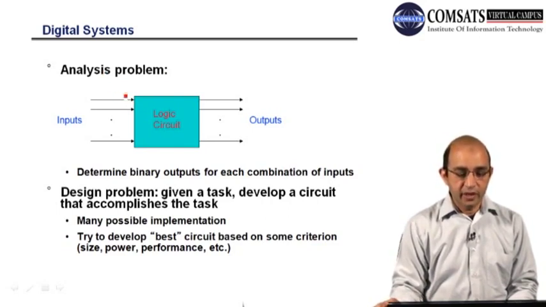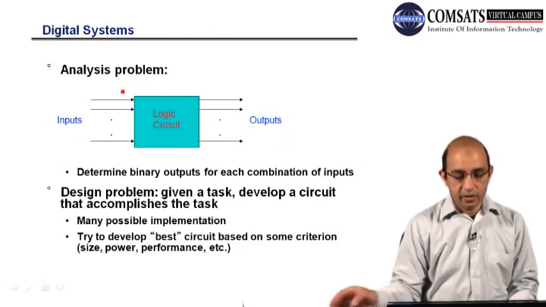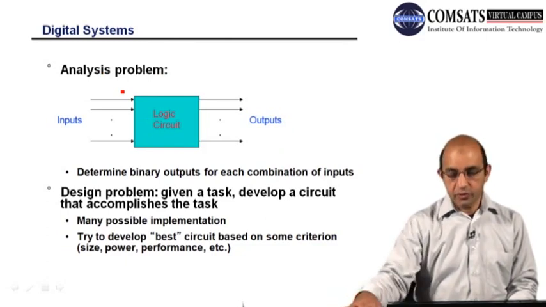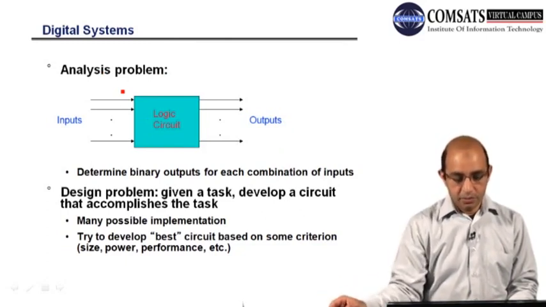So we have different inputs and different outputs, and we have to analyze the problem, and then we should decide our priorities. Like if you talk about performance, then your circuit should be performing in an effective and efficient way, right?